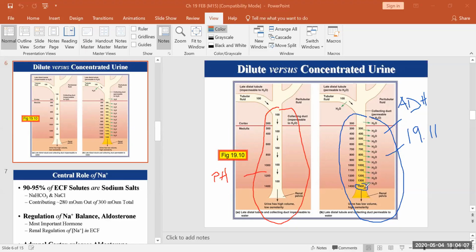You cannot produce more concentrated urine than your own osmotic gradient. And because of that, we always need a minimal amount of water to basically excrete our waste. That minimum amount of water is called obligatory water loss.